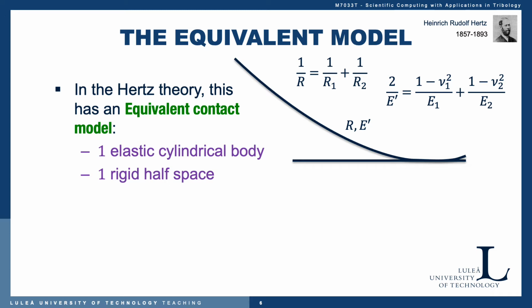The geometry of that cylindrical body is now given by the reduced radius R, which is just the sum of the reciprocal radii of the two contacting bodies, and the elastic properties are given by E prime in this case. Well, we could have been using E star also if we like.